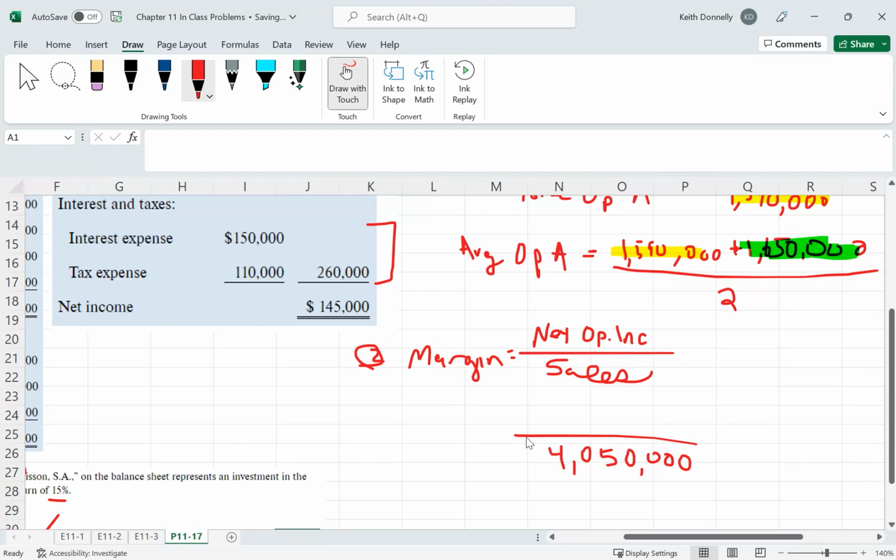All right, so we'll take the 405,000 divided by that 4,050,000. We're looking at a margin here of 10%.